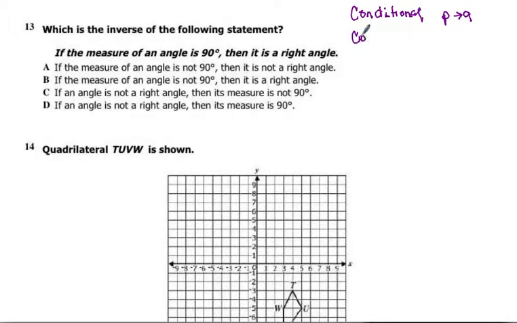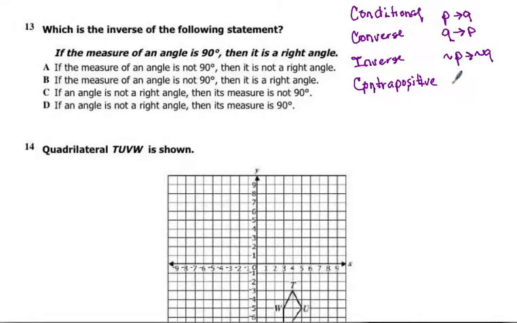Converse, wear your shoes backwards so you can remember, on the wrong feet, that's going to be Q then P. Inverse, not P then not Q. And contrapositive, longest word, C-O-N-T-R-A-P-O-S-I-T-I-V-E, longest word, do everything: not Q, then not P.